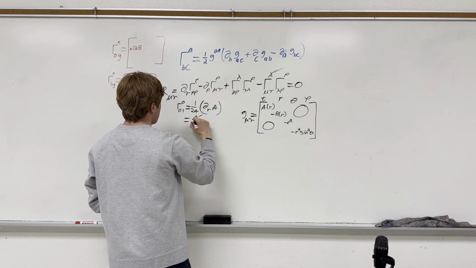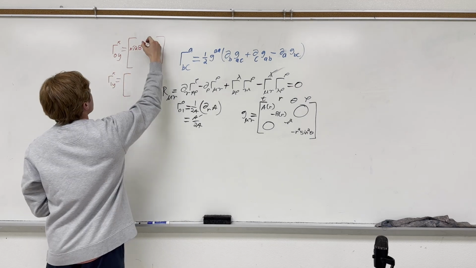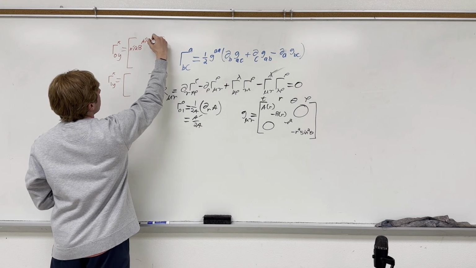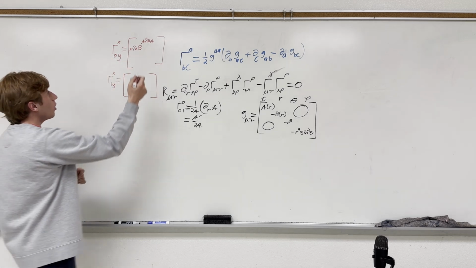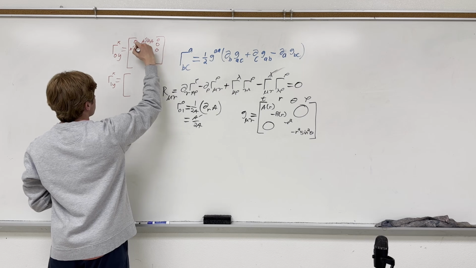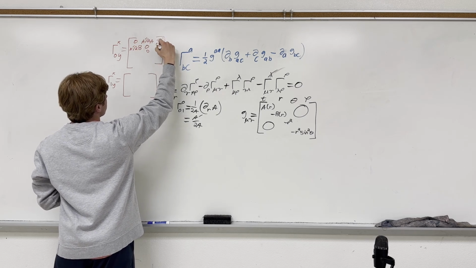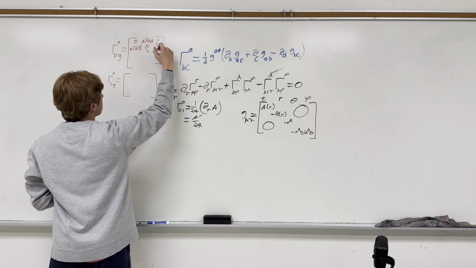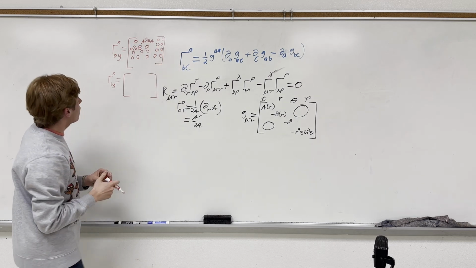And this right here is just a prime over 2a. So we have a prime over 2a. And this basically does it for this matrix right here. All the other components are just going to be 0. So writing all those in, there should be one more column of zeros, actually. Yeah, okay, cool.